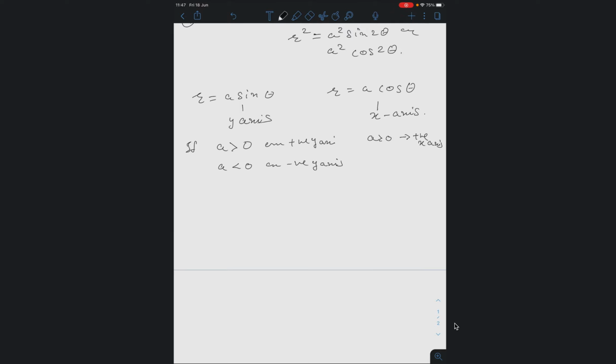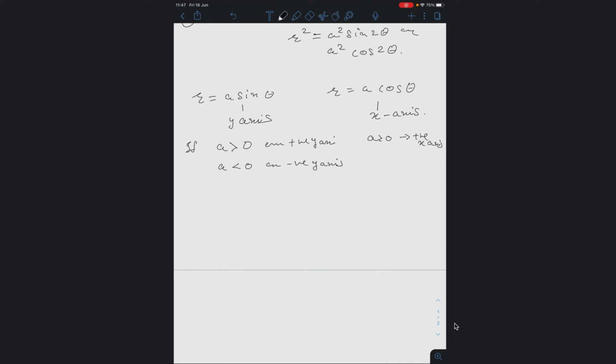Are you able to follow? I tried to give this very briefly without going much into depth on the topic called curve tracing. For your seniors, maybe two years before, you had this unit, curve tracing, where we were drawing all kinds of curves in Cartesian, polar, everything.